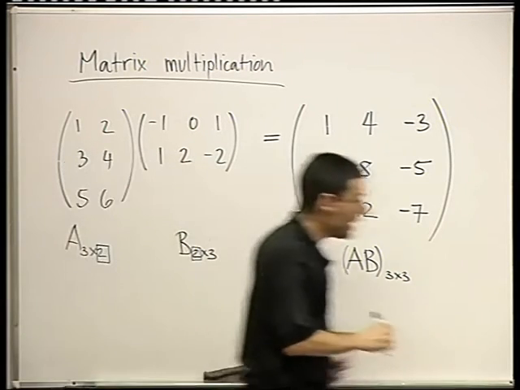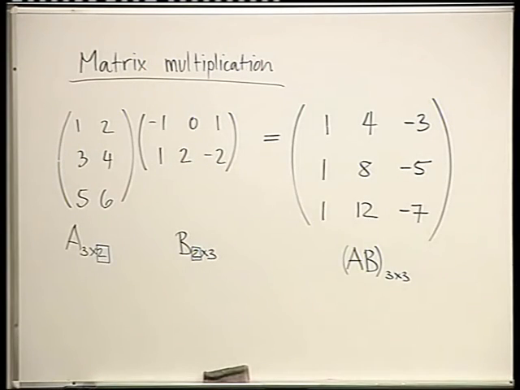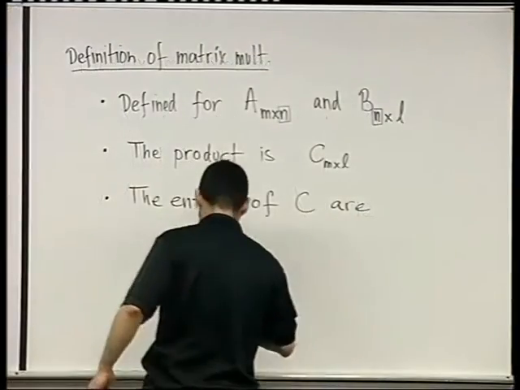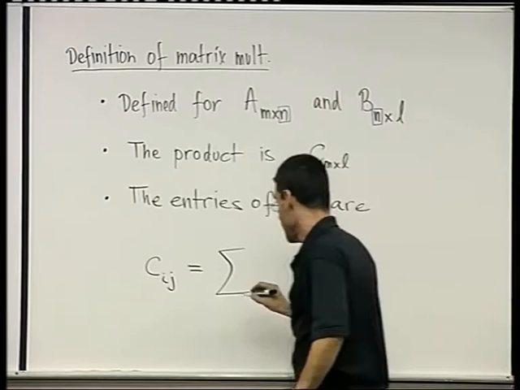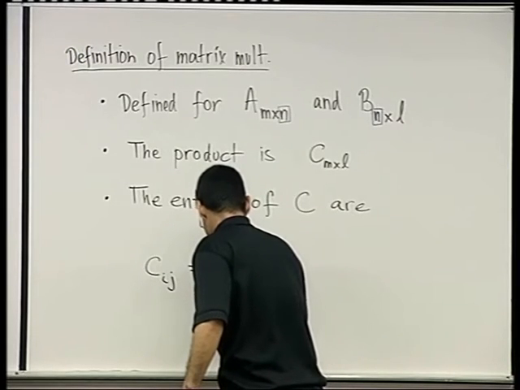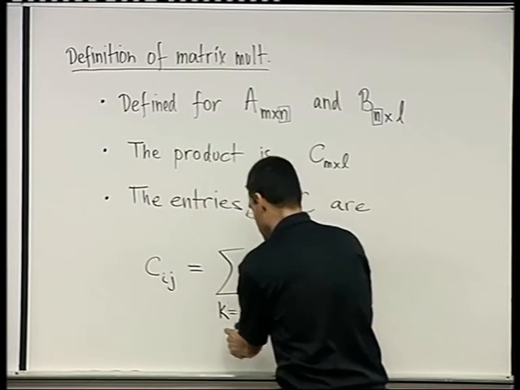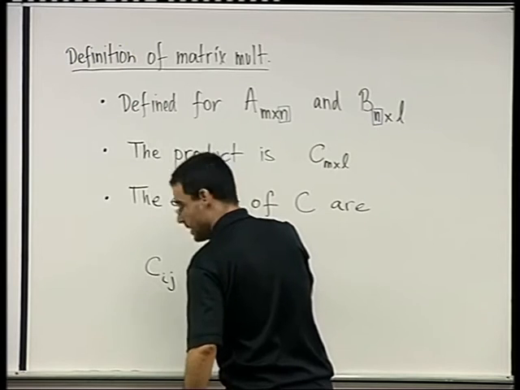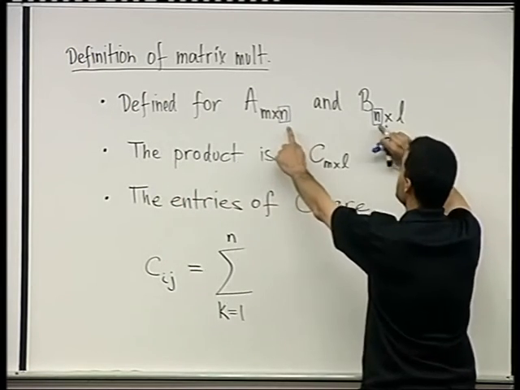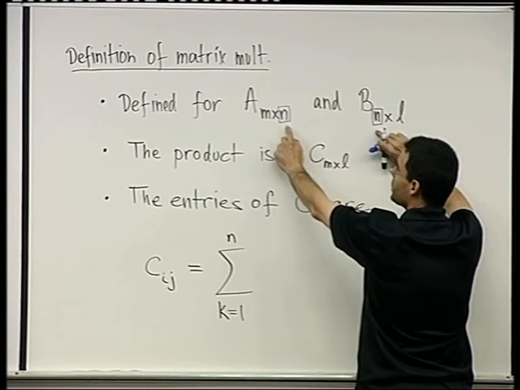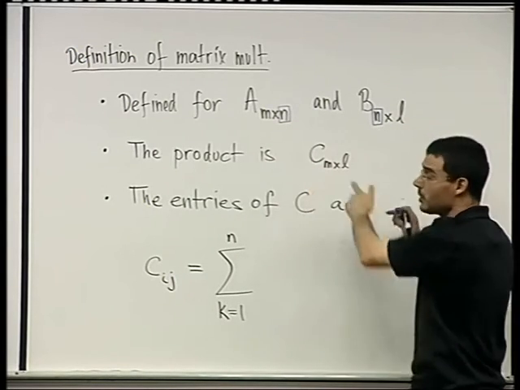So the way to write that is the sum, and sum we write sigma, and don't be afraid. And we're summing, the summation index is going to be k, and k is going to go from 1 to n, where n is this joint index that disappears in the product.